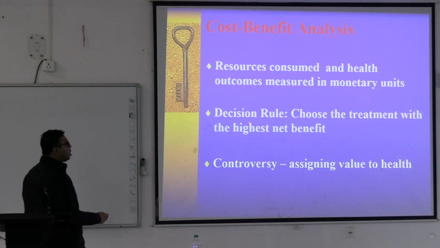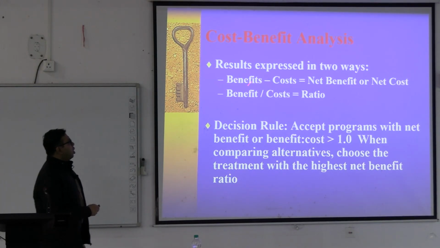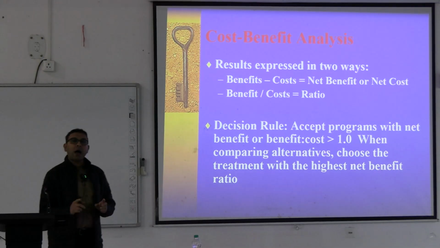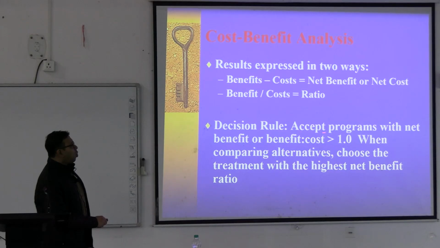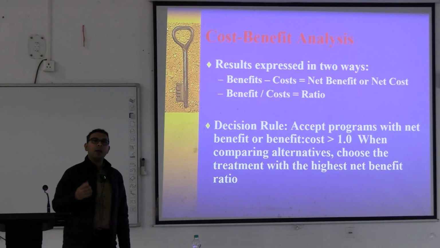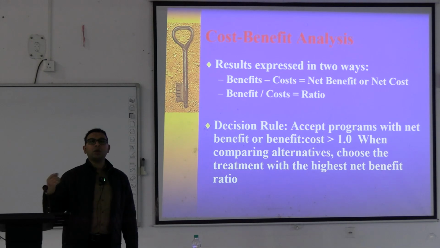Okay. So the decision rule: choose the treatment with the highest net benefit. So results, benefit minus cost is the net benefit, because both are expressed in monetary units, so we can just subtract. We should accept programs with net benefit, that is when the ratio is greater than 1. A ratio greater than 1 means the beneficial aspects in monetary units are more than the cost aspects.